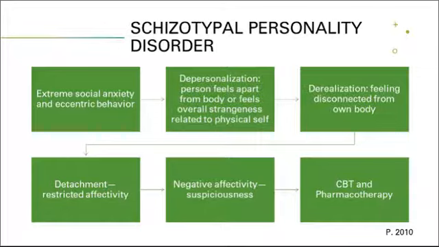Derealization. Understand those two terms. They have a detachment and restricted affect, negative affect because they're suspicious. Cognitive behavior therapy and pharmacotherapy, again, if you can get them to take the antidepressants, anti-anxieties.